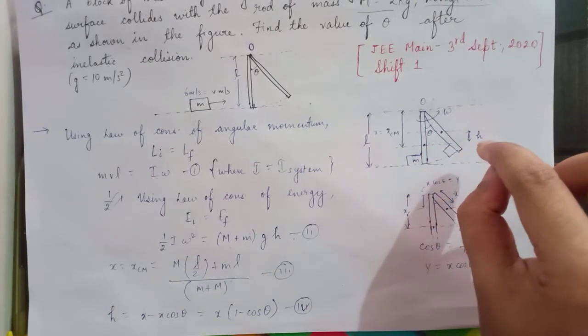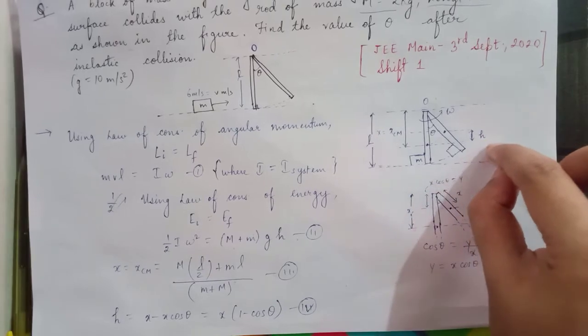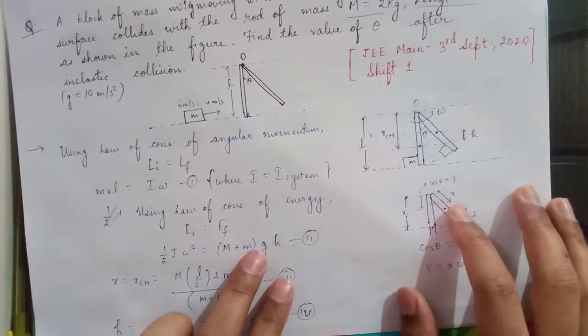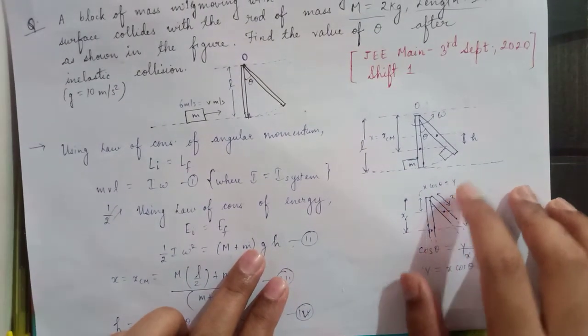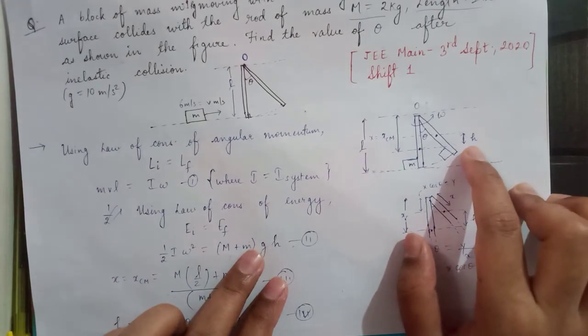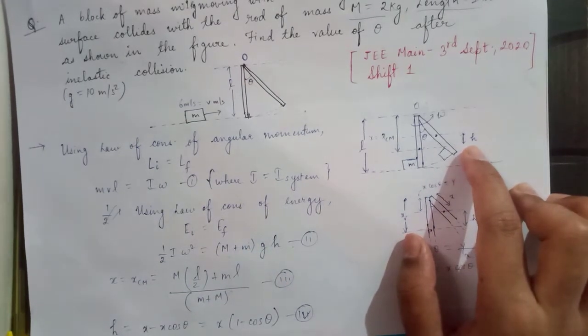So how can we find this small h? See, for calculating potential energy, you have to calculate how much the center of mass of the combined system is being lifted up. Then that will be the change in potential energy.